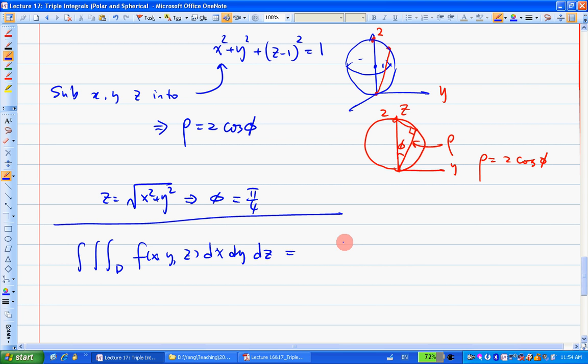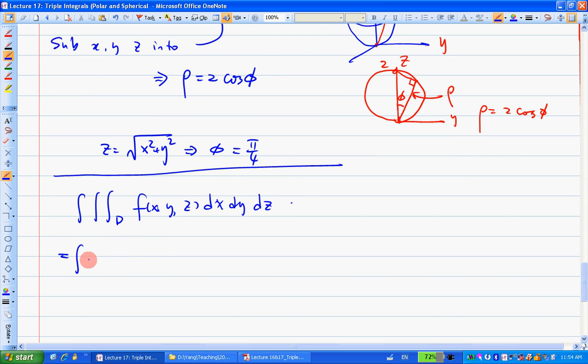But what we need to do is convert everything into spherical coordinates. I should probably write it on a separate line here, since it's a longer expression.